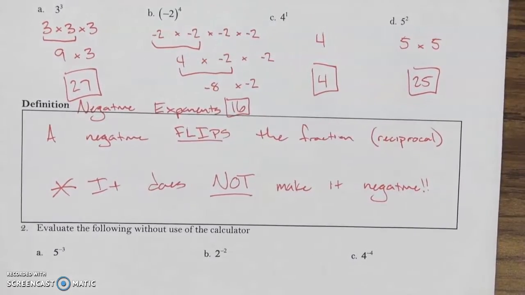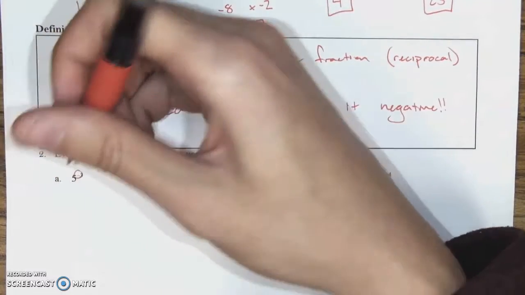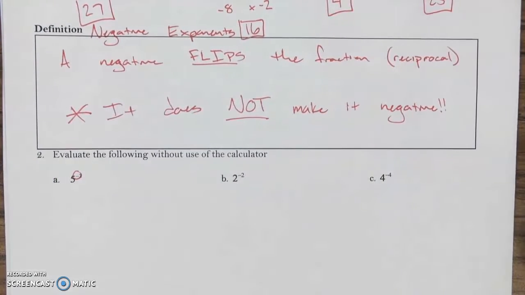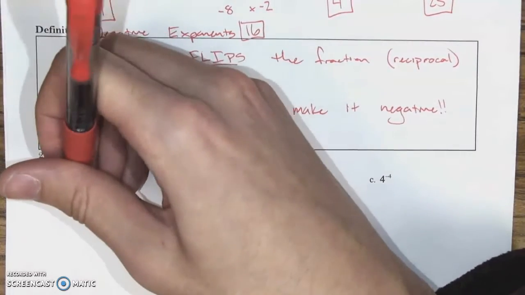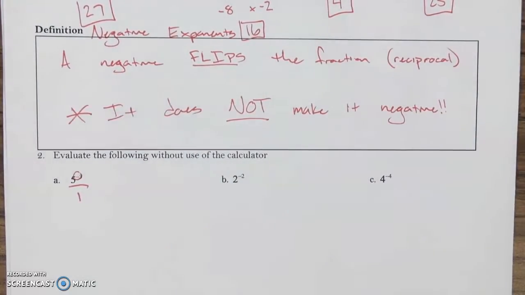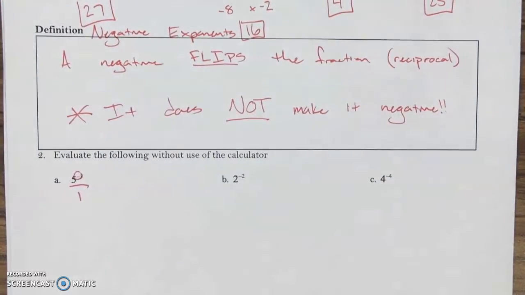Let's see how negative exponents operate. Here we have 5 to the negative third. The negative exponent tells us to flip the fraction. Now we can always write things as a fraction over 1. So we can write this over 1. The negative exponent makes us flip the fraction, and then we can drop the negative.